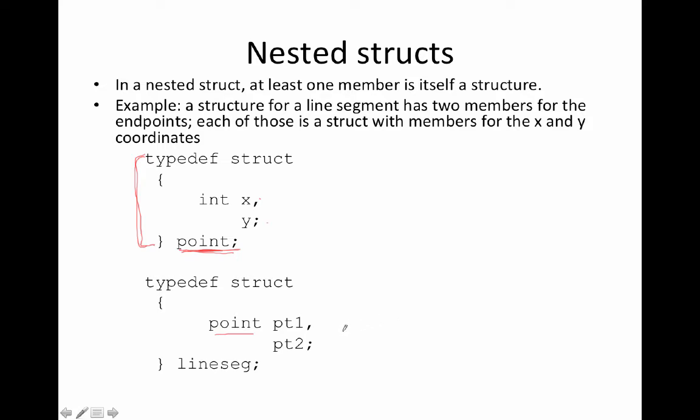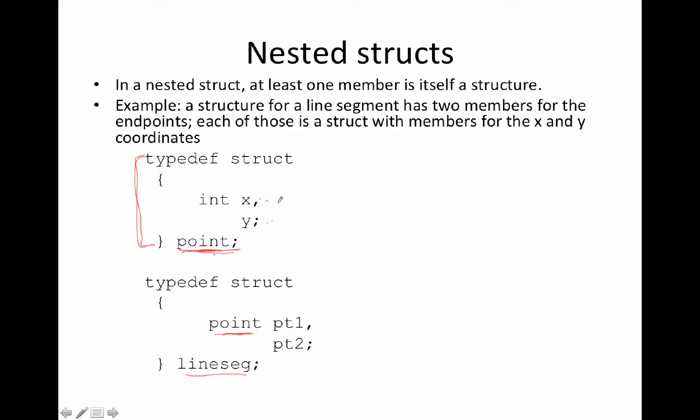So I have a second typedef to define a type called lineseg for a structure that has two of these points, pt1 and pt2. Each of those is a structure of the type point, which has two members for the x and y coordinates of the points. Again, I have one type for a point that has the x and y coordinates, and I have another type for a line segment which consists of the two endpoints.